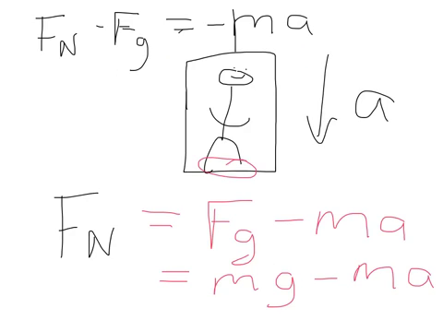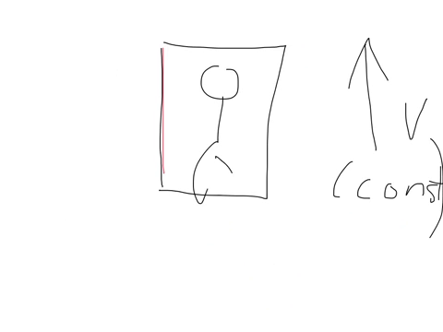Alright, so the other cases here, if the elevator were not accelerating, I'm trying to make my elevator the same color. If my elevator were moving with a constant velocity upward, so 0 acceleration, then the person standing in the elevator really won't be able to distinguish whether they are stationary or moving, because according to Newton's second law, acceleration is equal to 0 in this case.